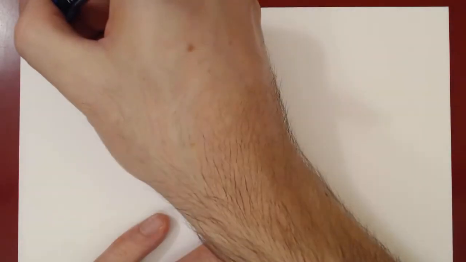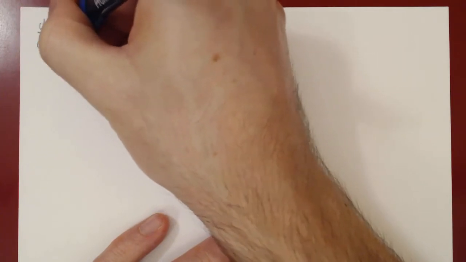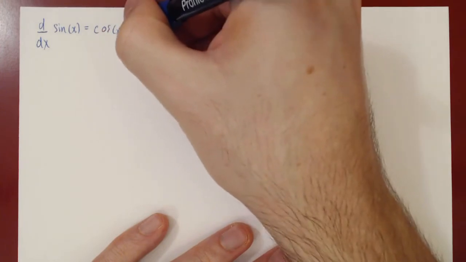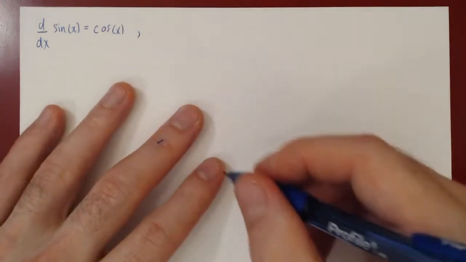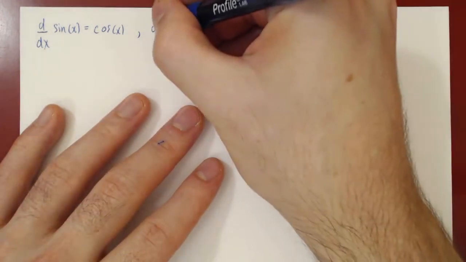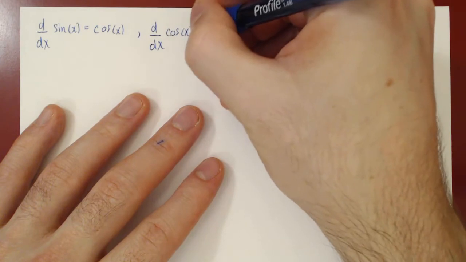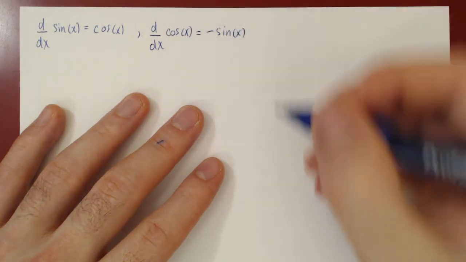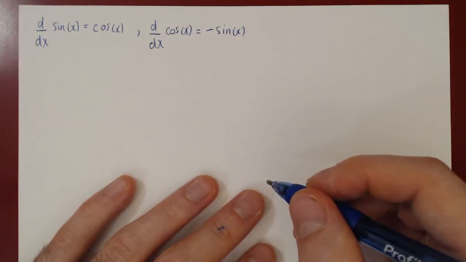So let's just rewrite them on top. The derivative of sine of x with respect to x is just cos of x. The derivative of cos of x is negative sine of x.